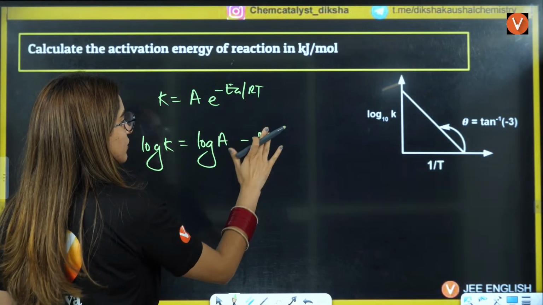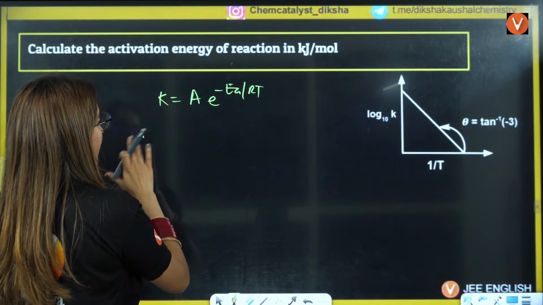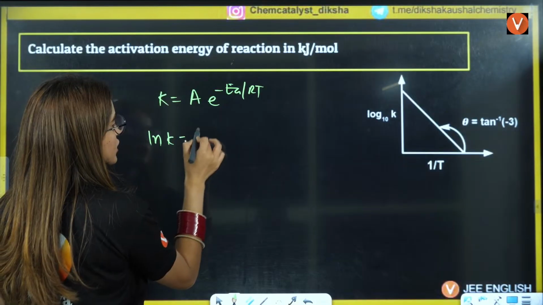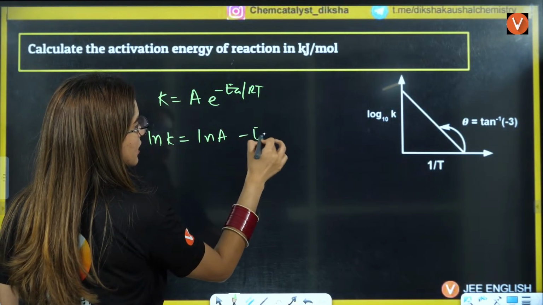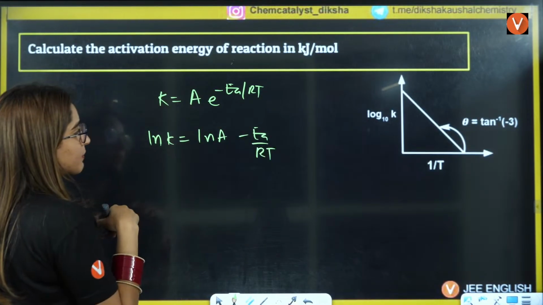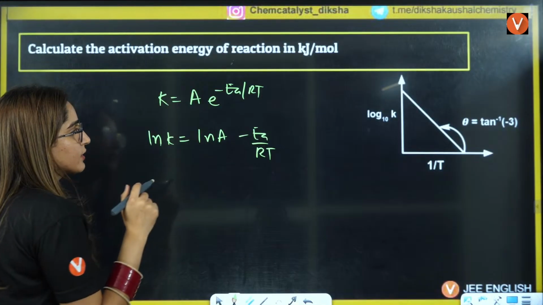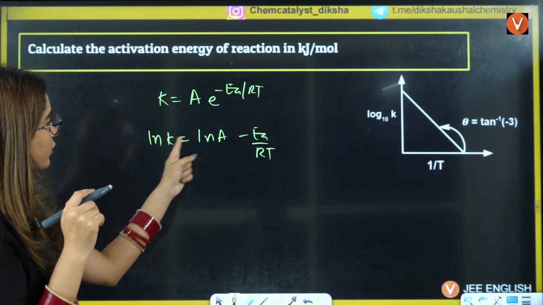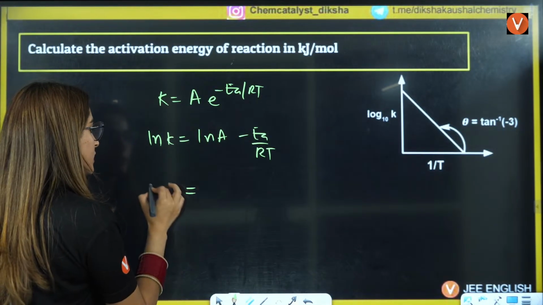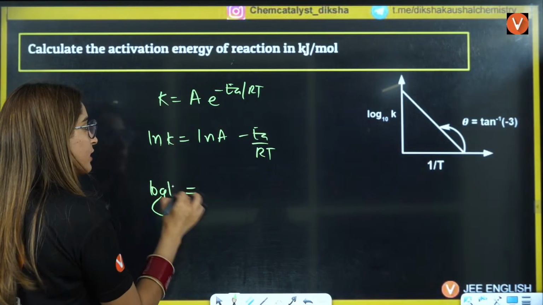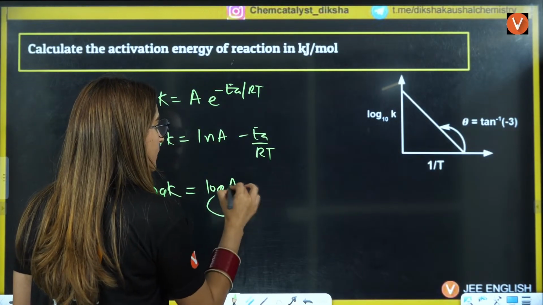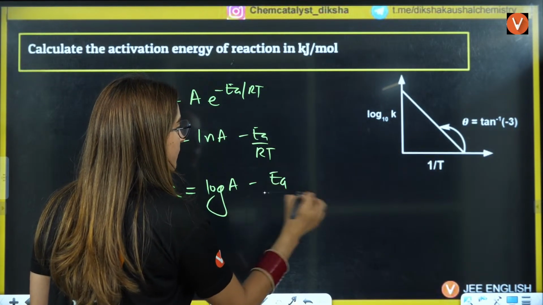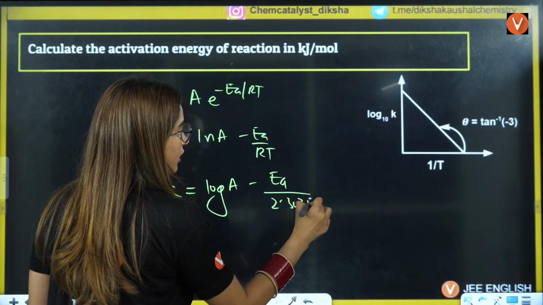You multiply it by 2 and then divide the whole by 2, so it will be log K is equal to log A minus Ea by 2.303 RT.